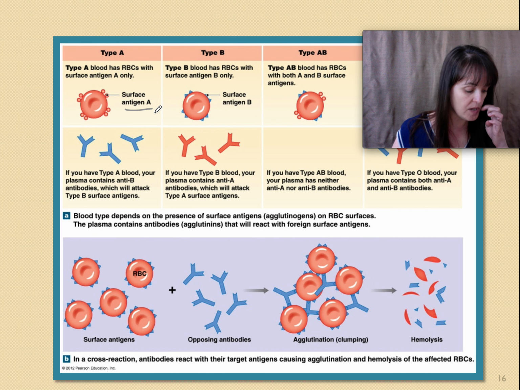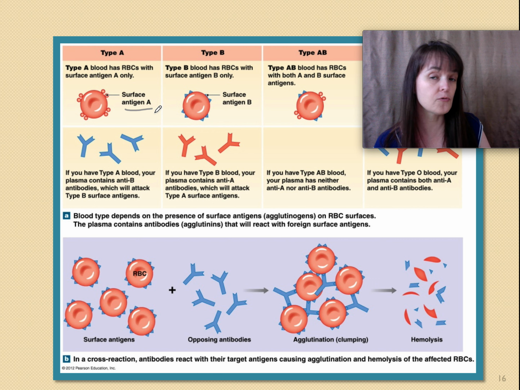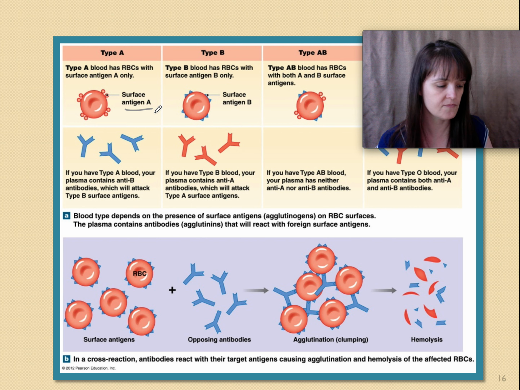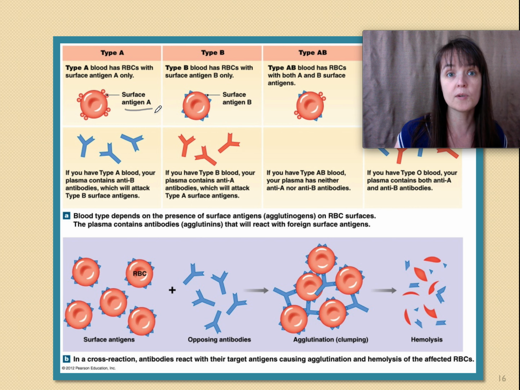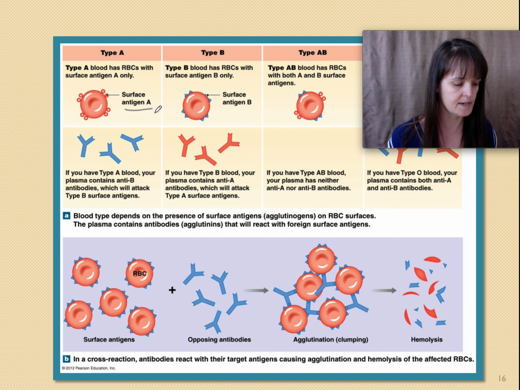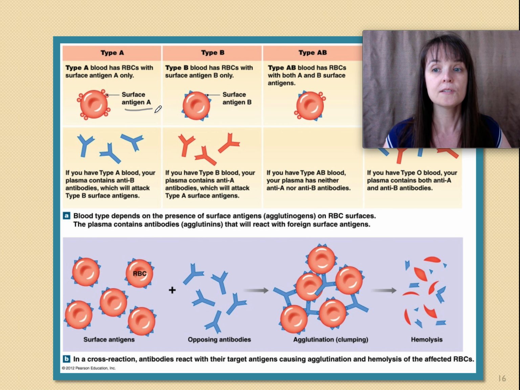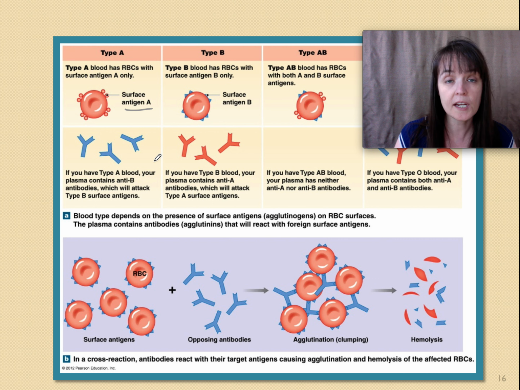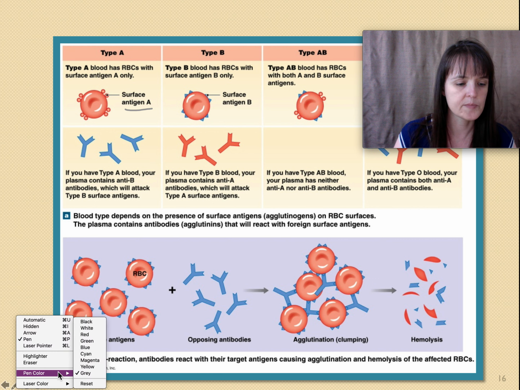And then the bottom line on page 5 should say transfusions. It's important to donate blood, but with transfusions you have to make sure that you match the blood types. So let's talk about this picture before we move on and how the blood types work.